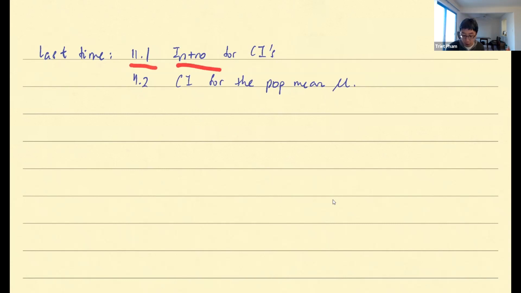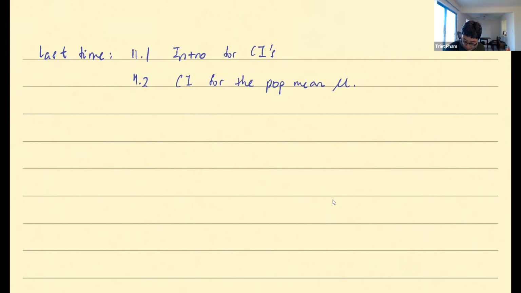So actually, the book doesn't spend much material discussing 11.1, but I want to expand on the idea of confidence intervals. It's a bit abstract, but if you get the idea, then anything following after 11.1 is just an application of this idea, and you'll see that it's very, very straightforward.